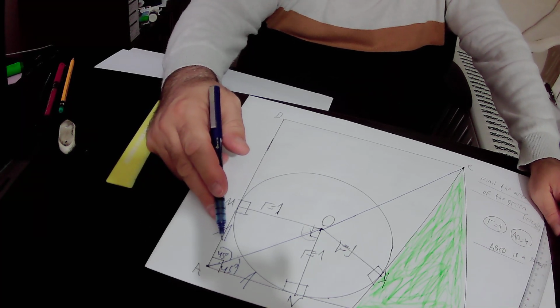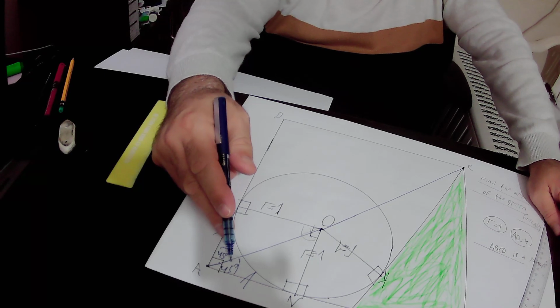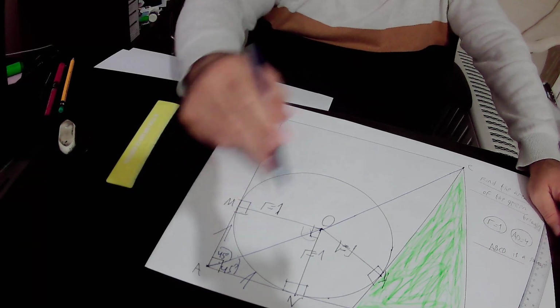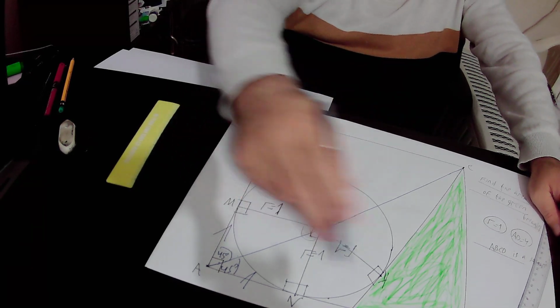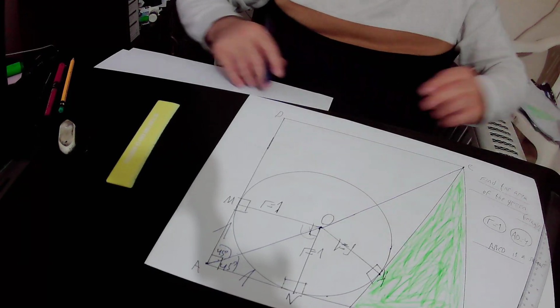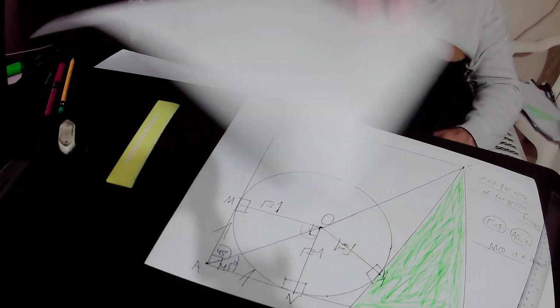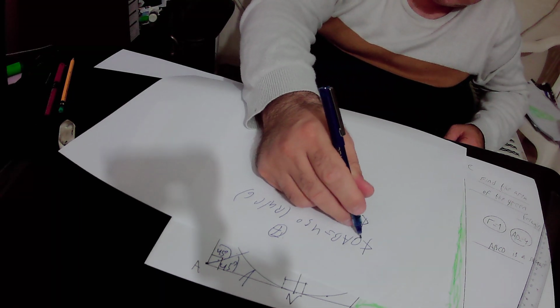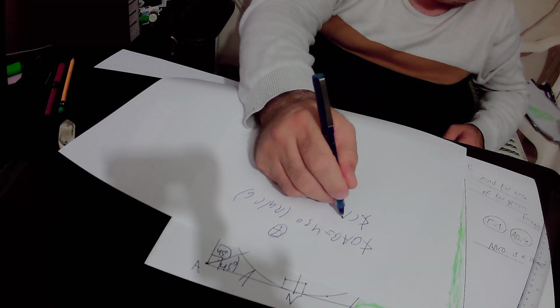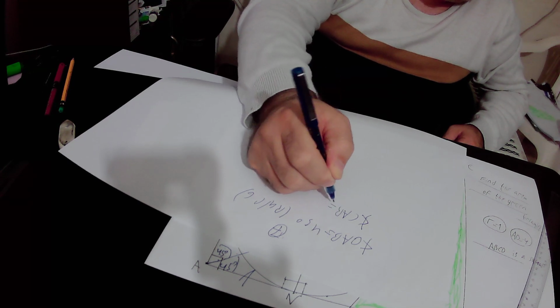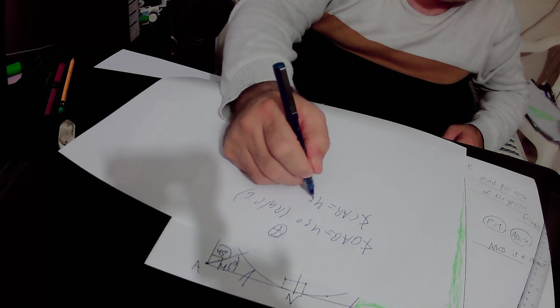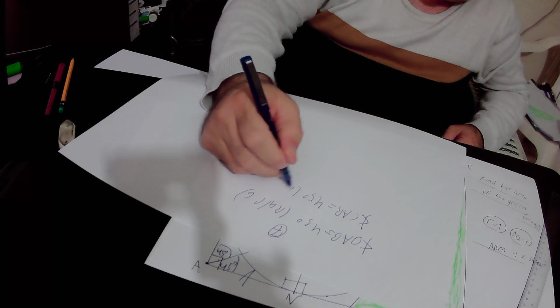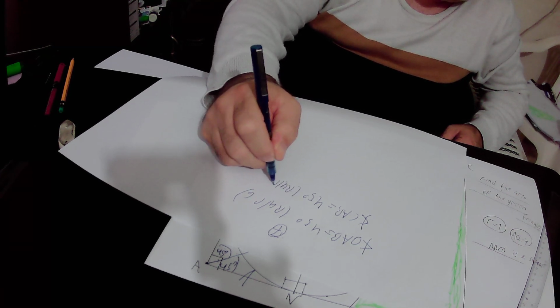That is to say, this angle equals 45 degrees and this angle equals 45 degrees. So actually angle CAB will also be equal to 45 degrees. Again, according to rule number 6, angle CAB will also be equal to 45 degrees.